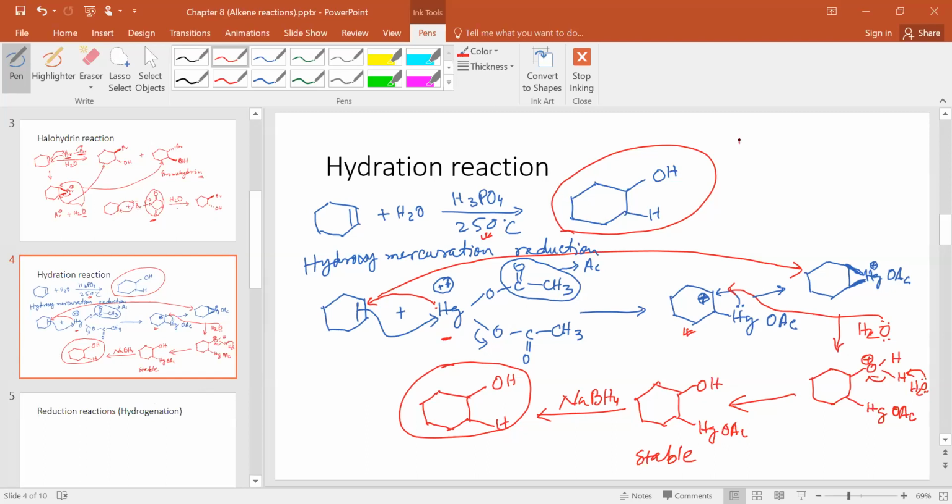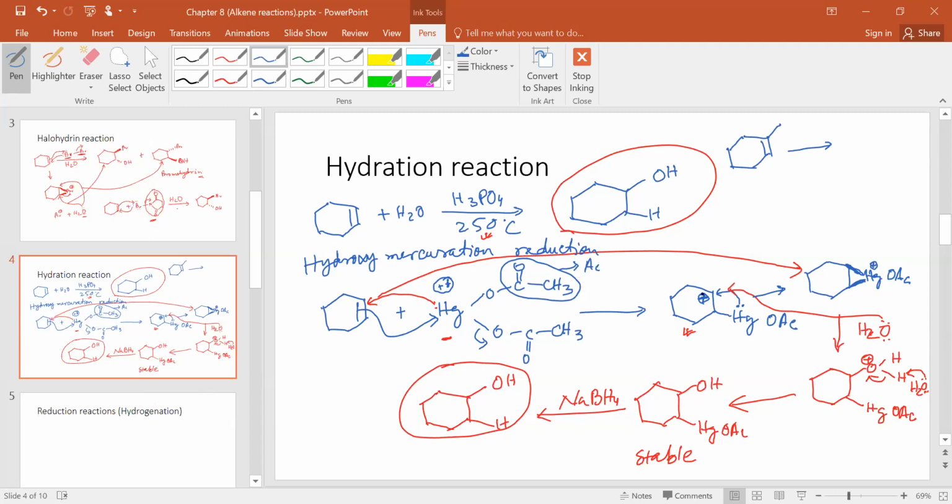Now I'll give you one more example very briefly, because this reaction happens through a carbocation type intermediate. So the more substituted hydroxy group will form.